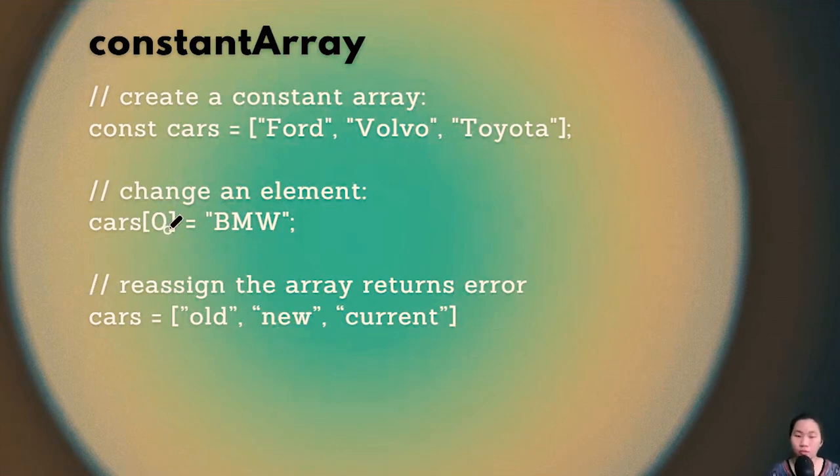But if you want to reassign the whole array, now it will return an error. So it's a constant reference to a value, not a constant value. If it was a constant value, you would not be able to change Ford, Volvo, or Toyota. You would not be able to touch these. However, the fact that you are able to change them means it is a constant reference, not a constant value.